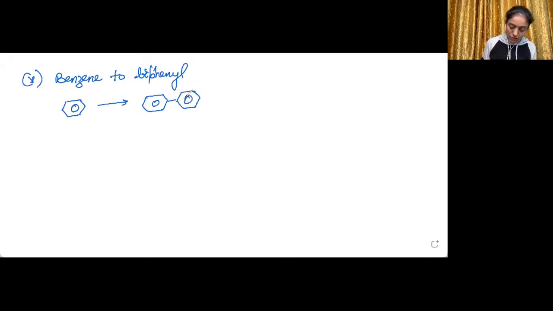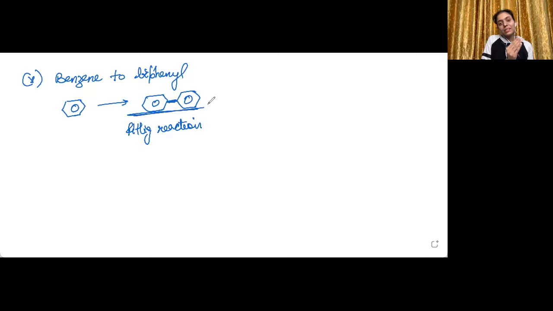When 2 benzene rings are joined together through a carbon-carbon single bond, it is biphenyl. Okay. Just like we have done the Wurtz reaction in the previous part of this question, there is another reaction which is the Fittig reaction. So the Fittig reaction is used to form biphenyl.